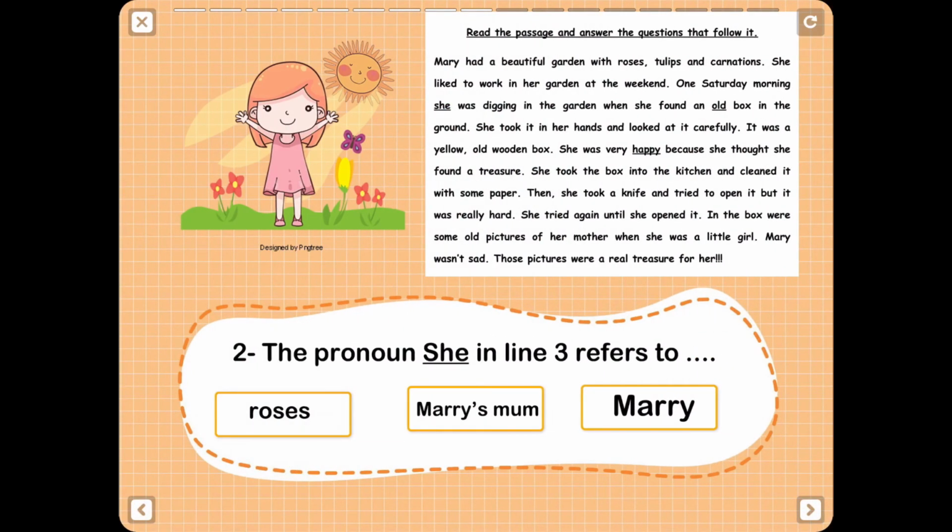Number 2, the pronoun she in line number 3 refers to roses, Mary's mom, or Mary. Look here in line number 3. She was digging in the garden. Yes, excellent. She refers to Mary.